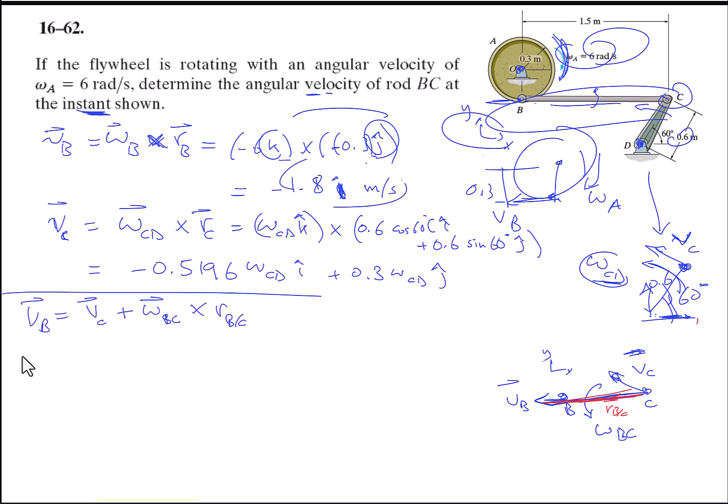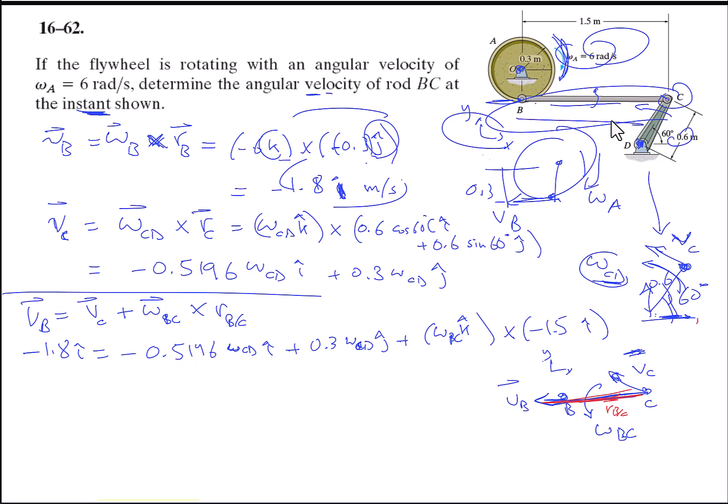So this is minus 1.8 in the i direction, equals minus 0.5196 omega CD in the i direction plus 0.3 omega CD in the j direction, plus the cross product: omega BC in the k direction crossed with minus 1.5 in the i direction, which is the direction of B relative to C.